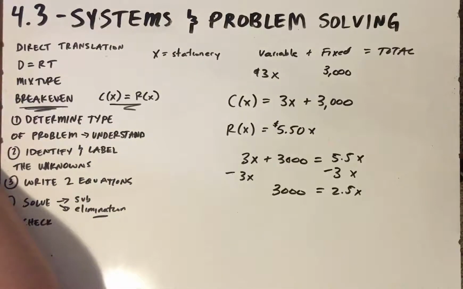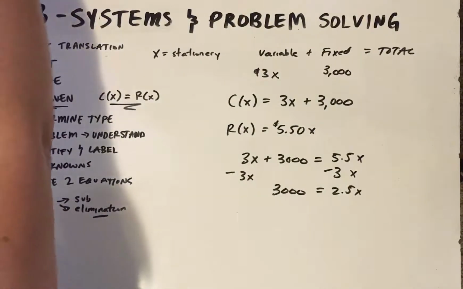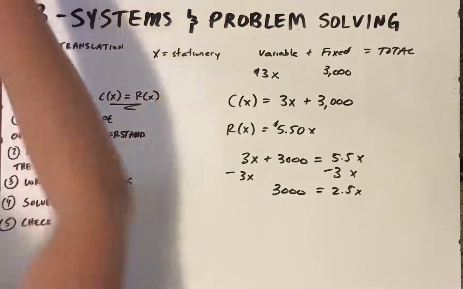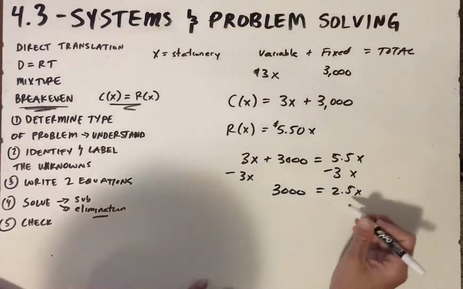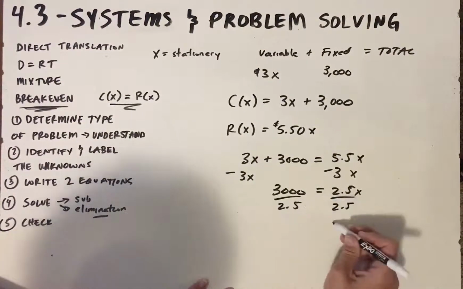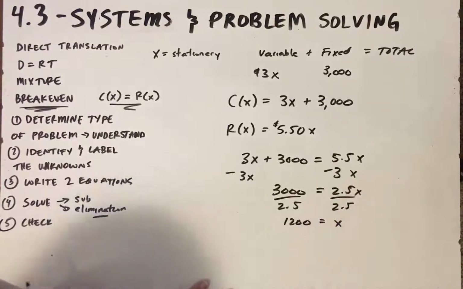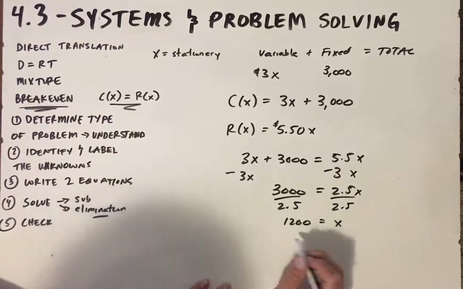And if I grab a calculator handy, 3,000 divided by 2.5, that's my profit on each unit, okay? 3,000 divided by 2.5, that means that I need to make 1,200 units, or have this many packages of stationery to break even.